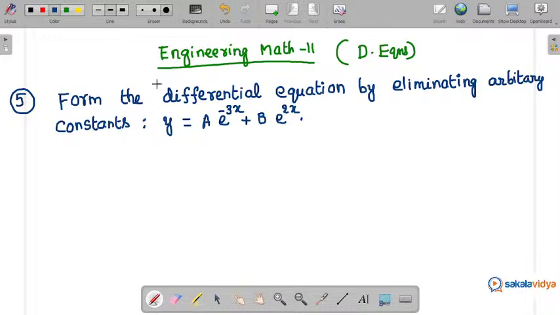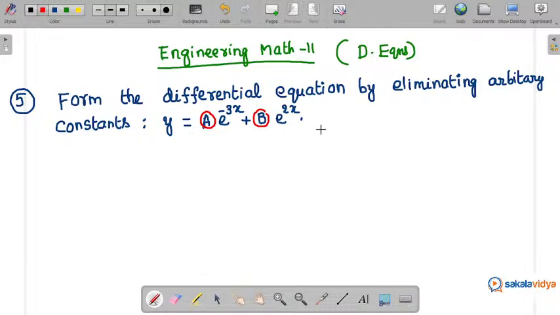Here we have the 2 arbitrary constants a and b. So, that means we need to differentiate it 2 times, and next we need to eliminate a, b from equation 1, equation 2, equation 3. First differentiating both sides with respect to x. Again we need to differentiate.